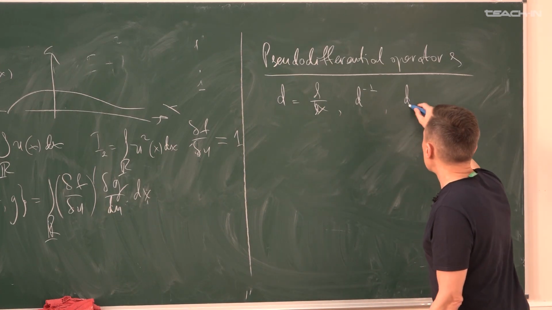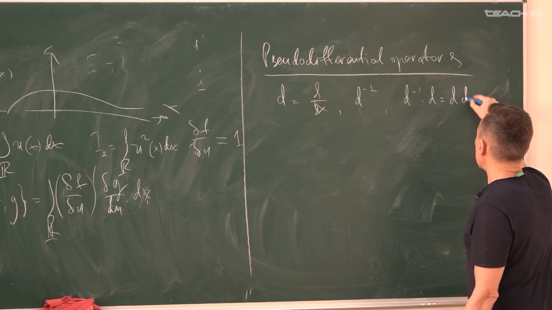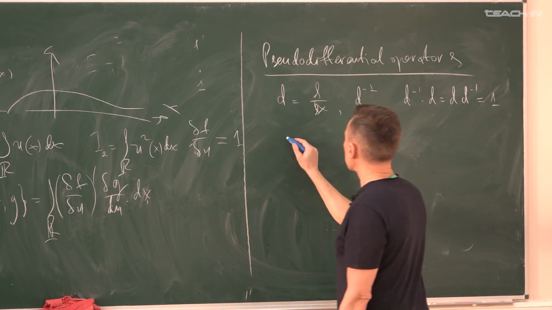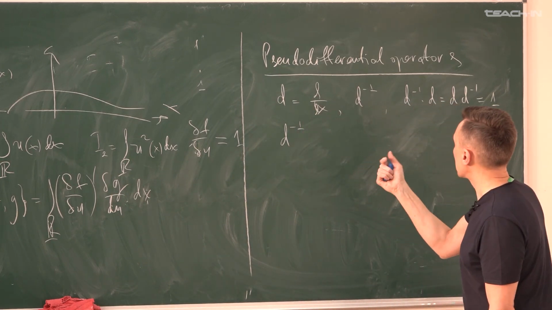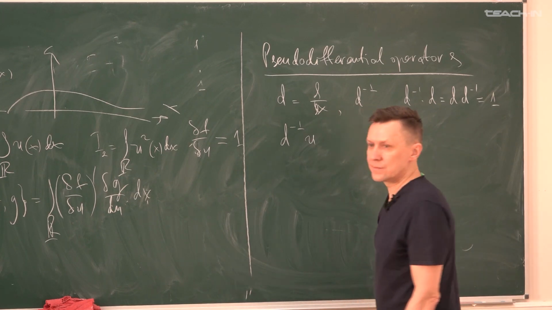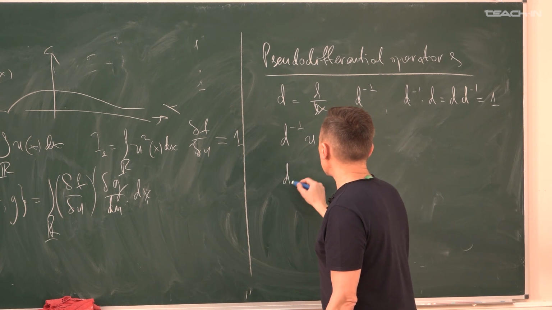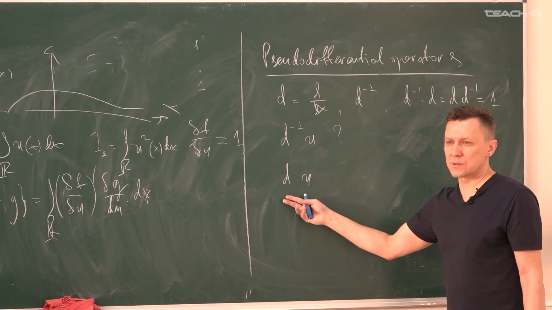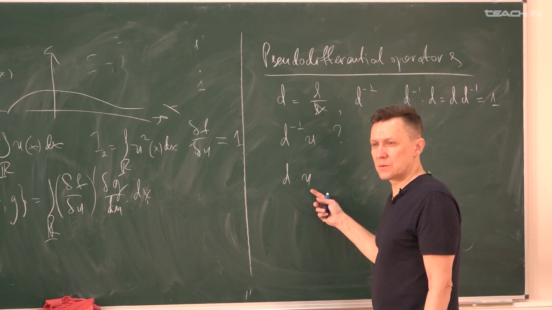So we know that, for example, d times d to the minus 1 is 1. But now we have to understand how to commute this operator with the function u. This is the question. But you know how to commute the standard differential operator and the function u.